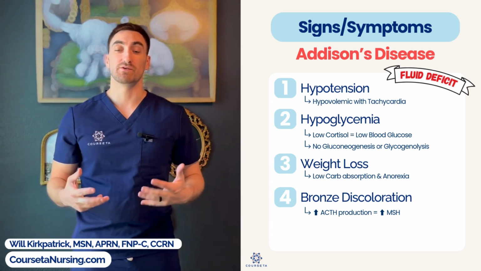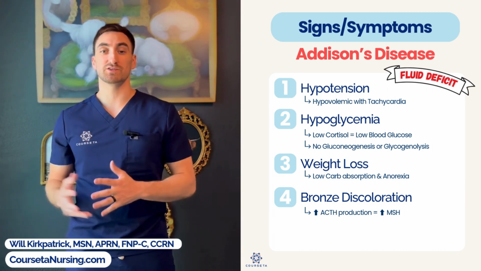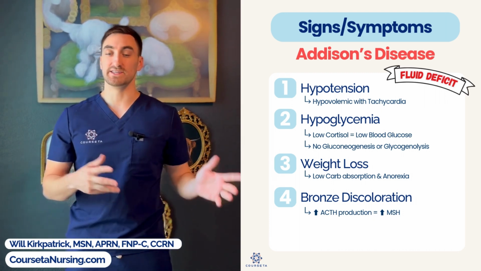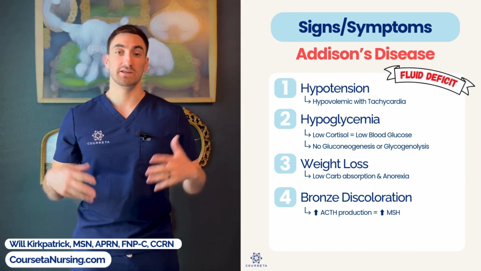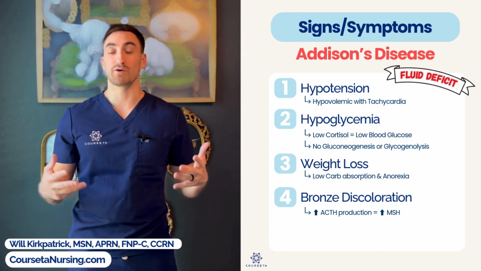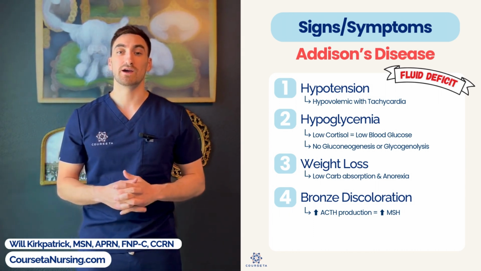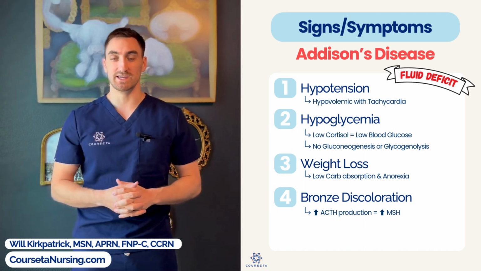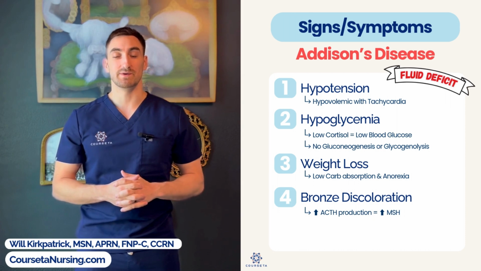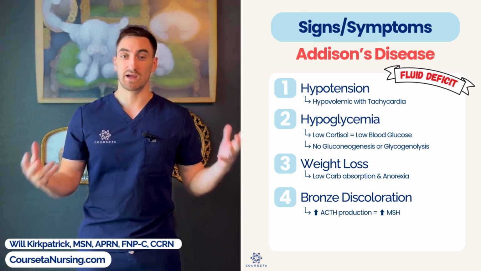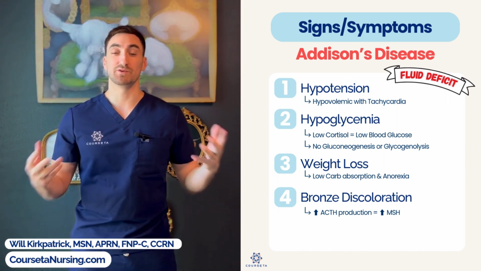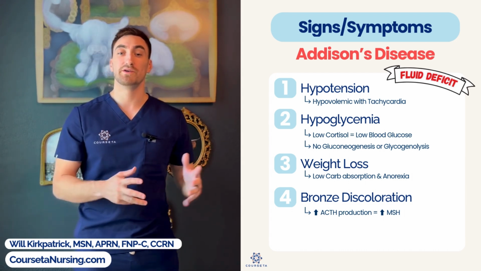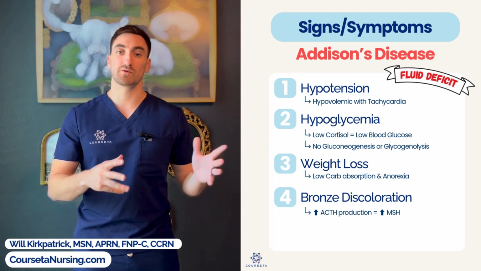When we have a decreased level of cortisol and aldosterone, it stimulates our pituitary gland to say, hey, we need to stimulate more ACTH to help make sure that these adrenal glands know they should be releasing cortisol and aldosterone. All right, well, when that overproduction happens, they're going to keep producing more ACTH. When that's not being utilized by the adrenal glands because they're having a primary attack here, they're not able to release it, well, that's also going to stimulate something called melanocyte stimulating hormone, in other words, MSH.